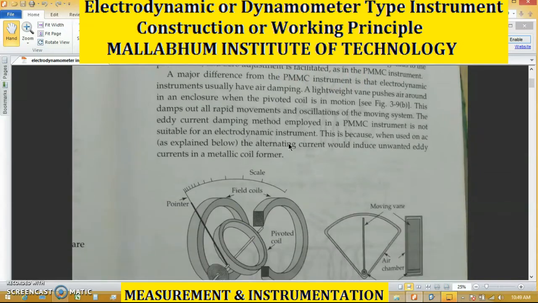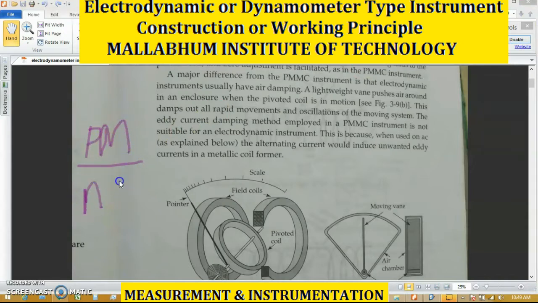There is another difference from the PMMC instrument: the first difference, as I told, is that in place of the permanent magnet, we are using the magnetic coil.